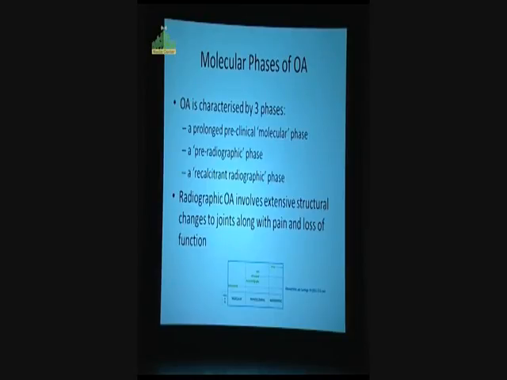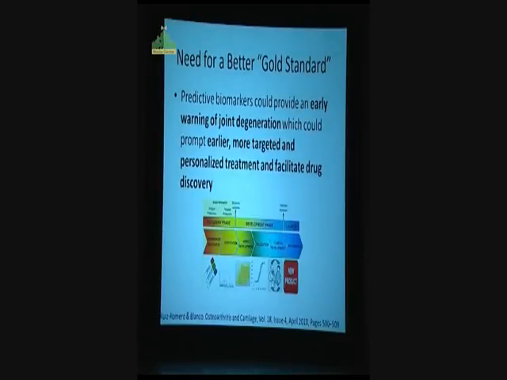And of course, by the time we get to the third stage, there have been significant and extensive changes in the articulating structures. And that presents us with a difficulty, because by that point, repair is going to be either difficult or not achievable. So we need a better gold standard.